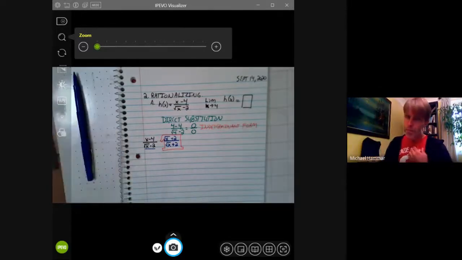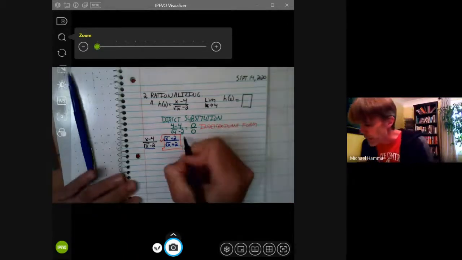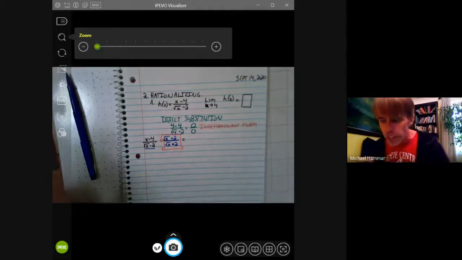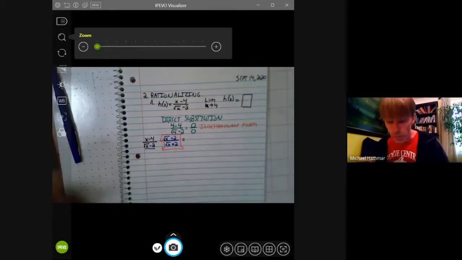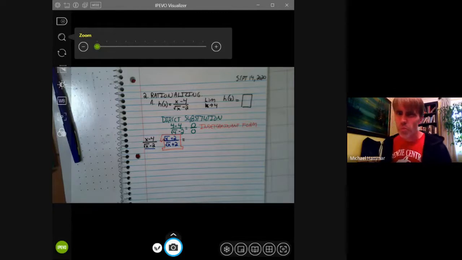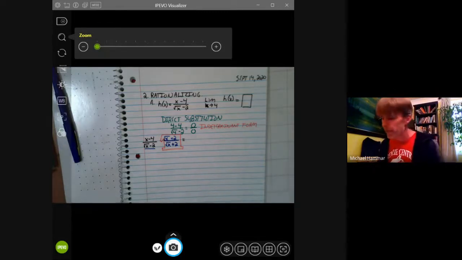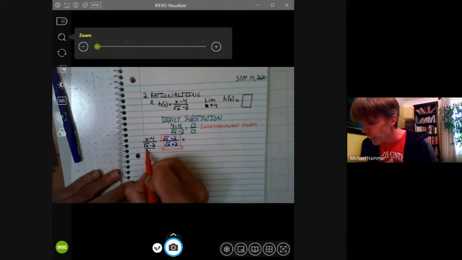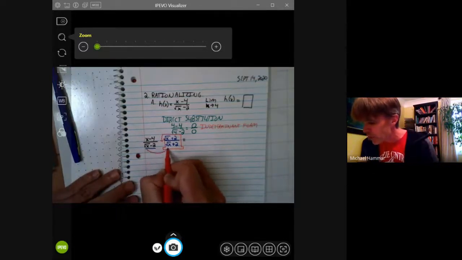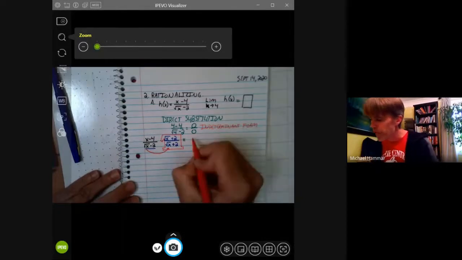Now, there are some shortcuts we can take here to make this go a little bit faster. You only need to multiply out the square root part, okay? And if you do this correctly, you'll start to notice a pattern that happens. So you're not going to have to show a lot of work, but I'm going to show you all of the work, and then we'll talk about what's going to get factored out. So we need to multiply the bottom out. So we're going to do the square root of x times the square root of x.